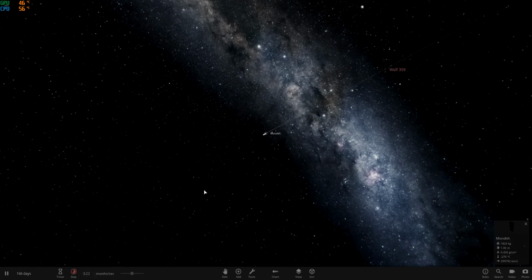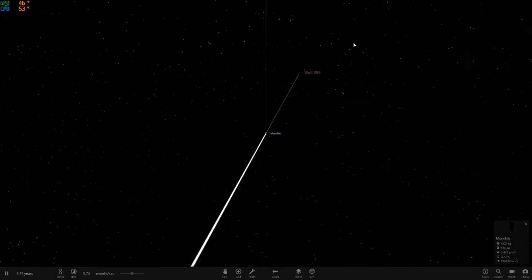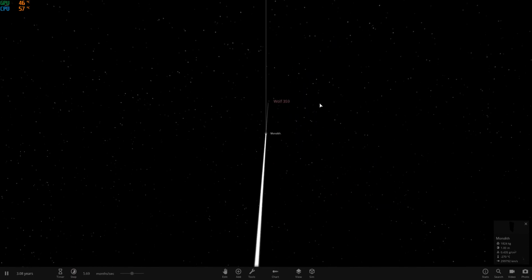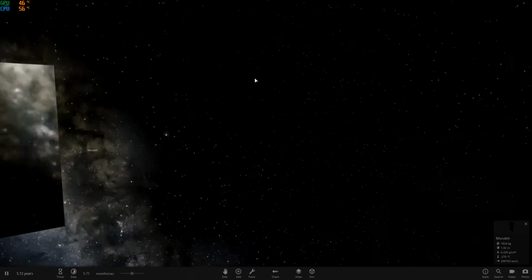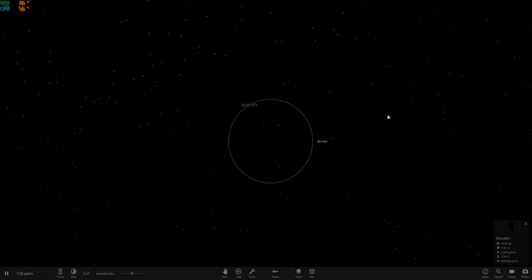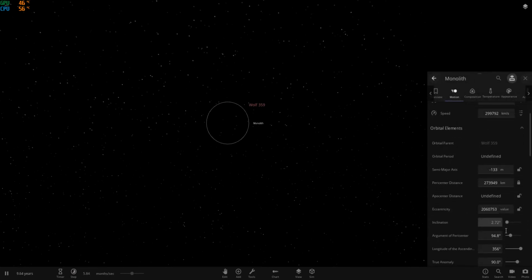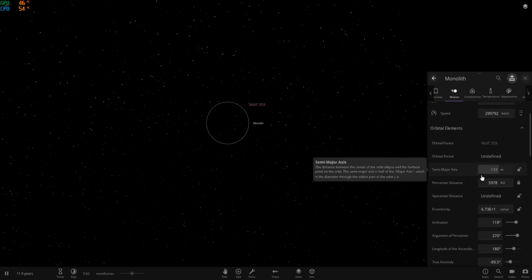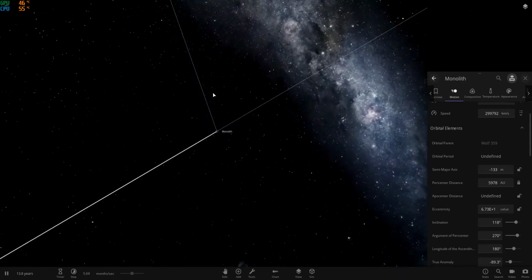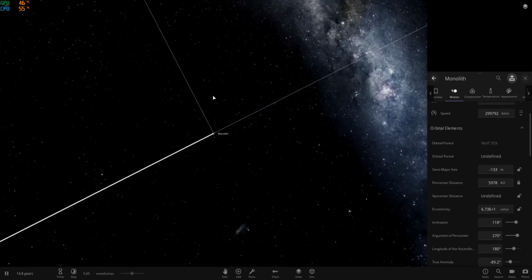At 6 months per second, you could see the probe is now making its journey through interstellar space to get to the planet. It's barreling through space at the speed of light. So the probe has been in transit for 17 years now.